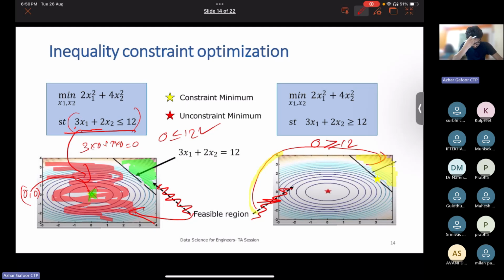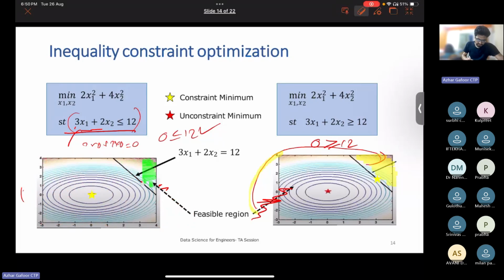So here, since this is the feasible region that we have, our problem is almost equal to an unconstrained optimization problem, because our solution for the unconstrained and the constrained optimization will be the same. That is, it will be at this point 0, 0.